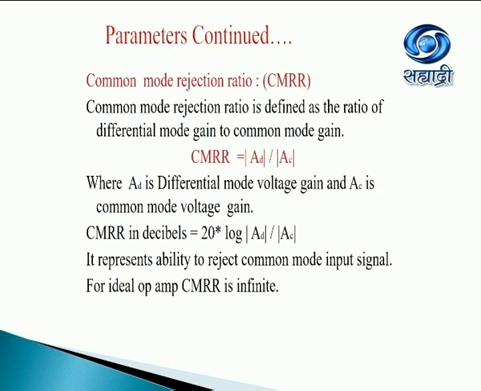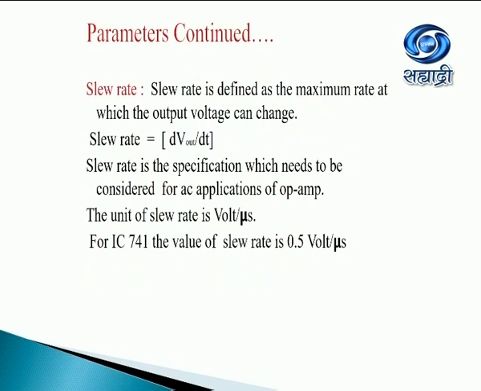Common mode rejection ratio is defined as the ratio of differential mode gain to common mode gain. CMRR is equal to AD upon AC, where AD is differential mode gain and AC is common mode gain. CMRR in decibels is given by 20 into log of AD upon AC. It represents the ability to reject common mode input signal. For an ideal op-amp, CMRR is infinite.